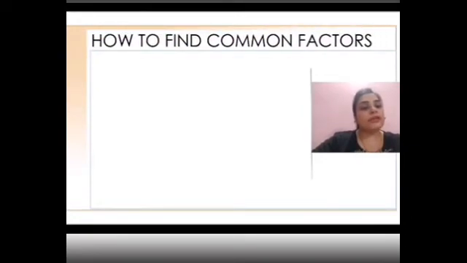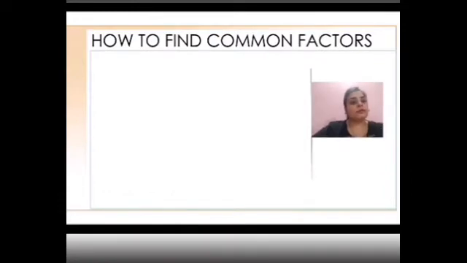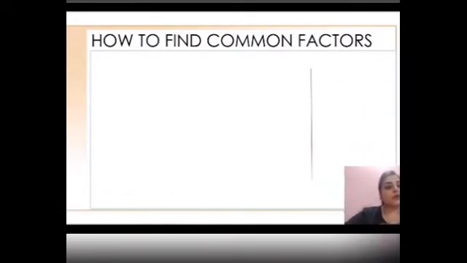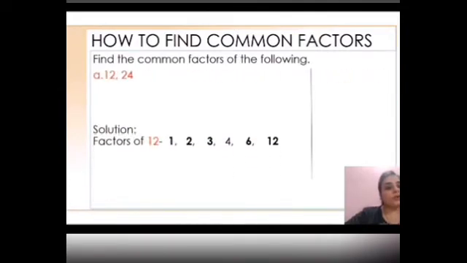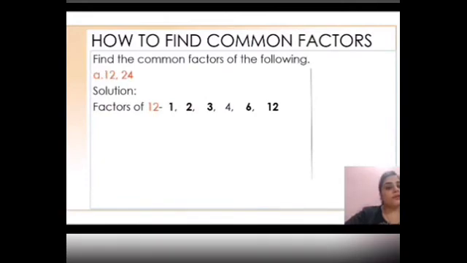Now we will see how to find common factors. Let us see how to find the common factors, students. Find the common factors of 12 and 24. Here we will first see how to find the factors.